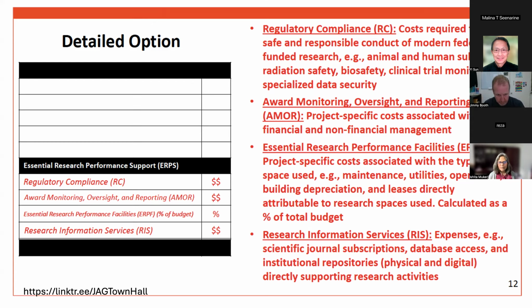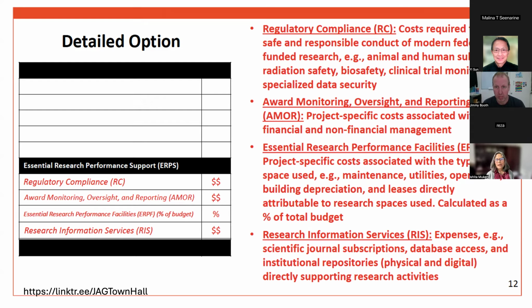So in this case, if we were putting a budget together using this FAIR model, we would probably include the RF costs, the RF fees, some estimate of what they're going to cost into the AMOR category. Then there's the essential research performance facilities, which are the project-specific costs associated with the type of space that's used.